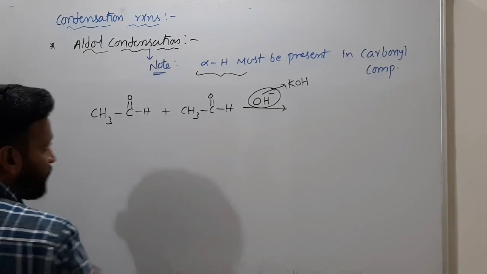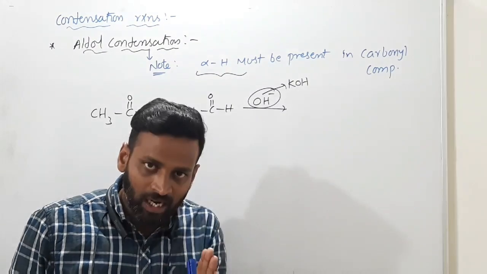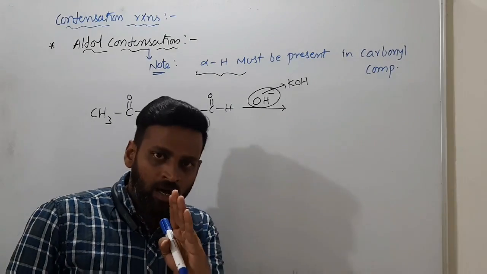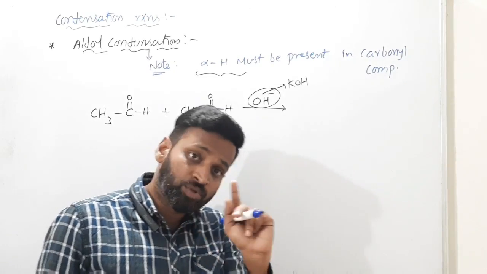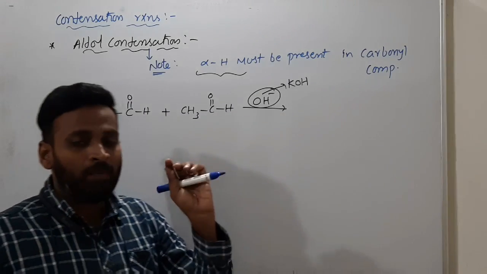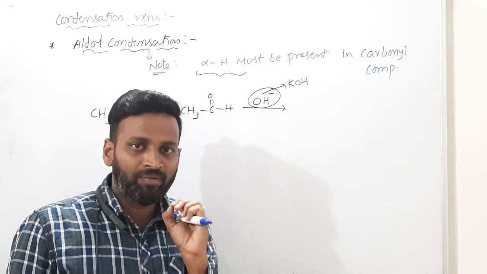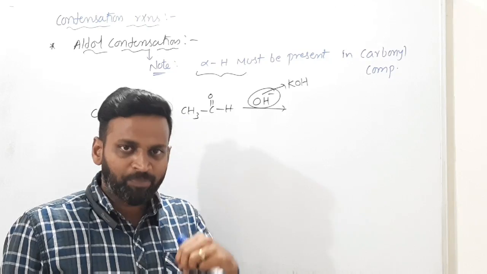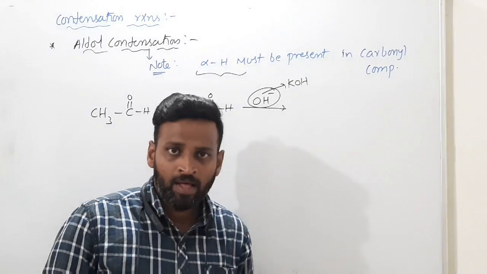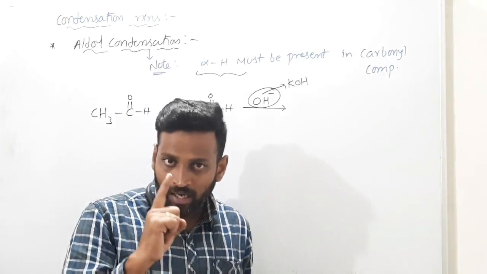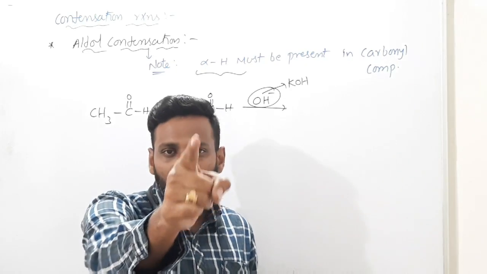In acid medium also the reaction happens, that I will tell you later, but mostly they will give the base, because in our textbook it is in the presence of base. Believe me, in our NEET exams they will ask in the presence of base. So an aldehyde having alpha hydrogen and the reaction taking place in the presence of base means aldol condensation.